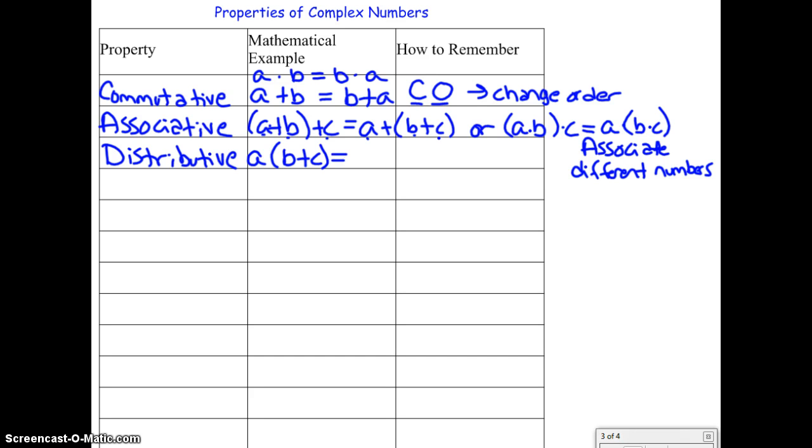And I'm going to actually distribute the A, so A is going to multiply the B, but because there's an addition sign between the B and the C, I'm going to add that to my A multiplying by the C. So I am thinking of that as multiplication over addition. If I had a minus sign, it would work the same way, but it would be AB minus AC. So multiplication over addition.